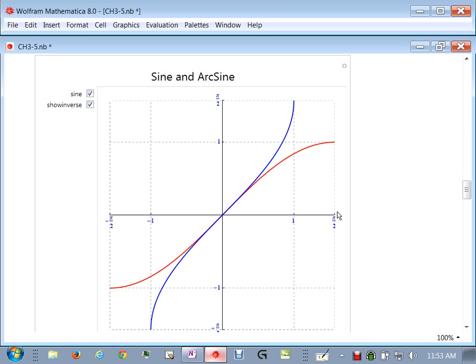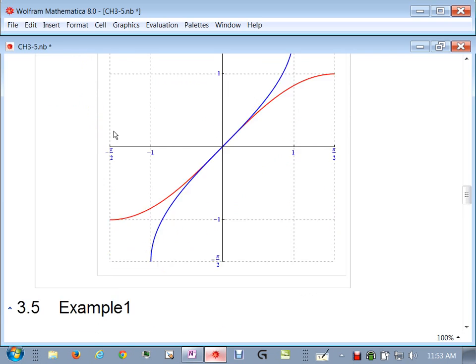Now, take that 1 that came out of sine and plug it into the inverse. The blue one's the inverse. If I plug 1 into the blue one, what does it spit out? Pi over 2. So it sends it back to where it came from. That's how the inverse behaves. Whatever a function does, the inverse comes and undoes it. And you can kind of see that from all these pictures, or from this illustration here.